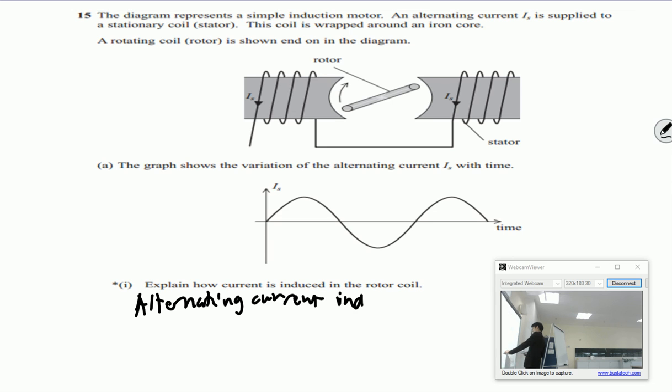It induces a magnetic field on the iron core.